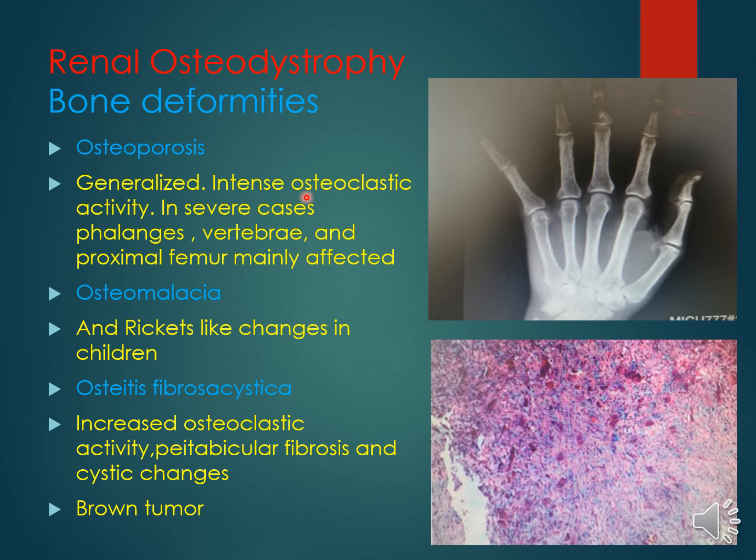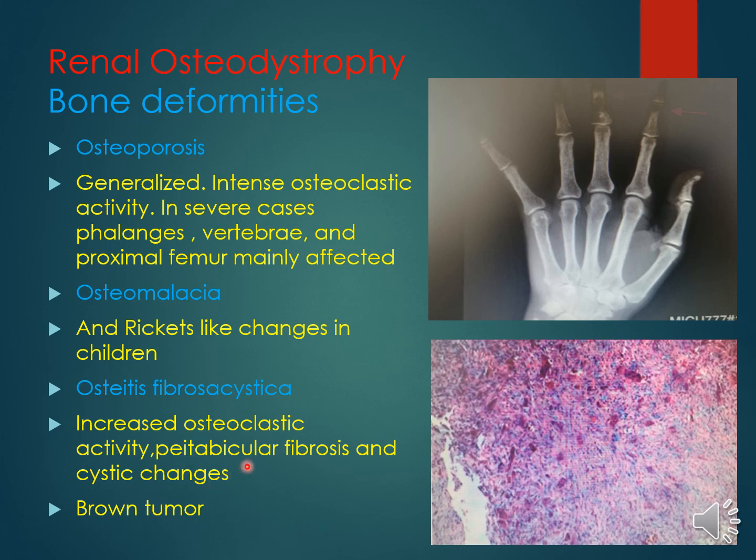Now, what are the bony changes which are occurring? This is osteoporosis with or without osteomalacia. There may be cystic changes and osteoporotic changes you can observe over here. And then a condition known as osteitis fibrosa cystica, where there are actually osteoporotic changes, peritrabecular fibrosis, and cystic changes.